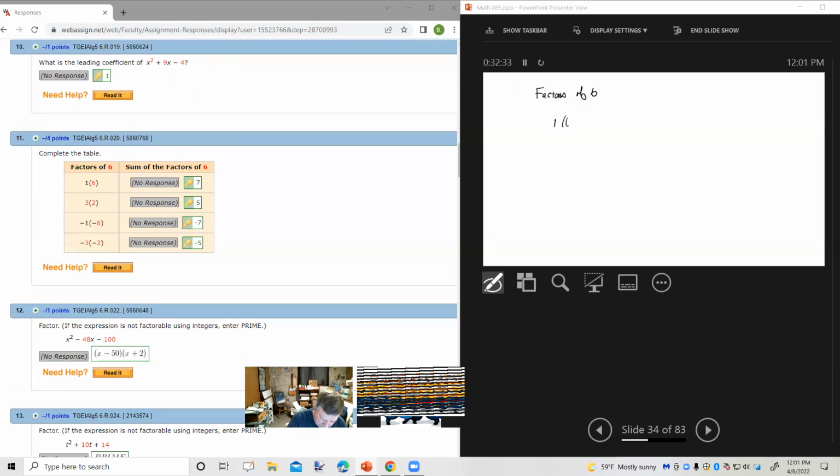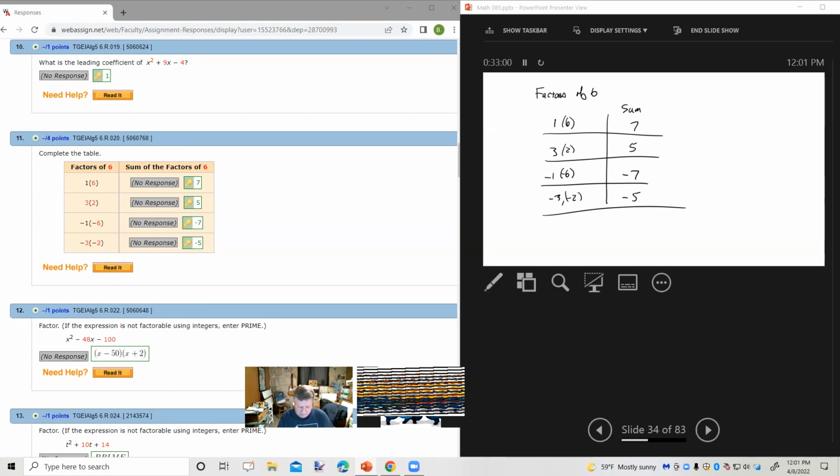So 1 and 6, 3 and 2, -1, -6, -3, -2. And then over here we have the sum. So the sum of the factors, 1 plus 6 would be 7, 3 plus 2 would be 5, -1 plus -6 would be -7, and -3 plus -2 would be -5.